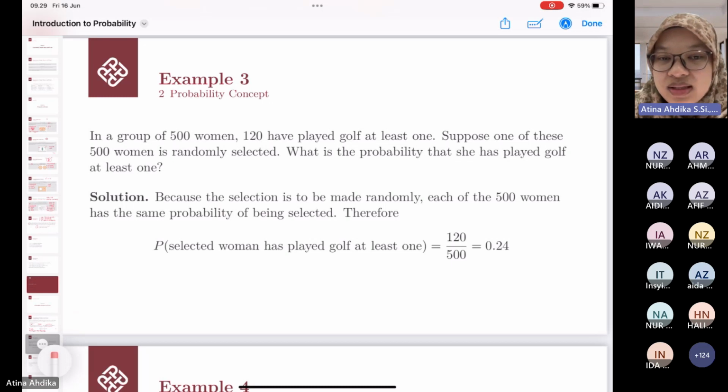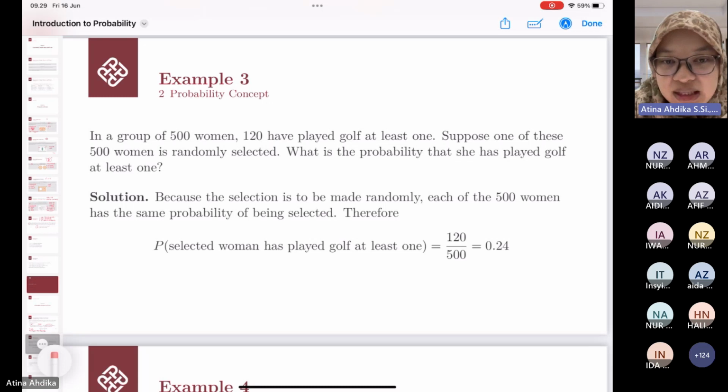So the question is, what is the probability that she has played golf at least once? The solution is, because the selection is made randomly, I cannot know whom I select. So each of these 500 women has the same probability of being selected.